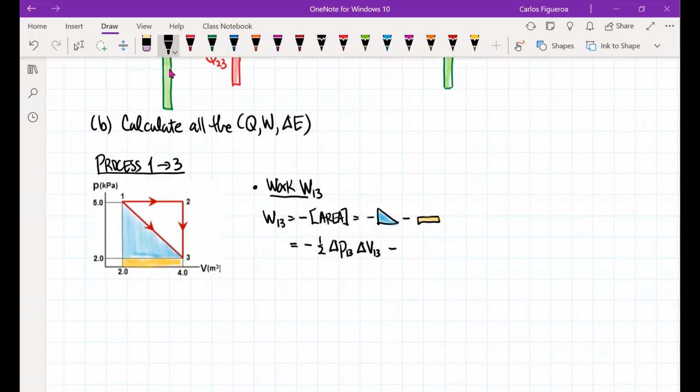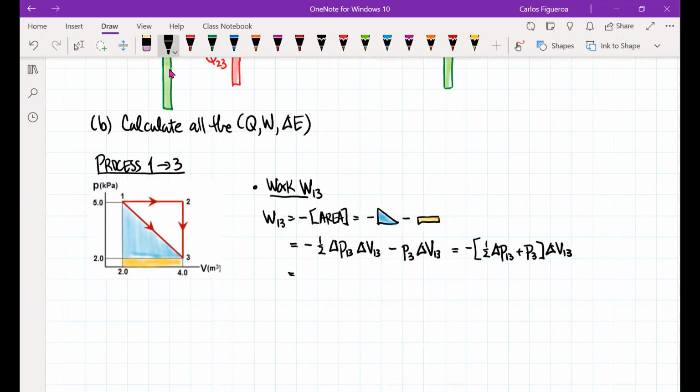And then the little rectangle should be the pressure at 3 times the change in volume of 1, 3. So mathematically, it looks something like this: 1/2 times the pressure difference between 1 and 3, plus the pressure at 3 times the volume change of 1, 3.